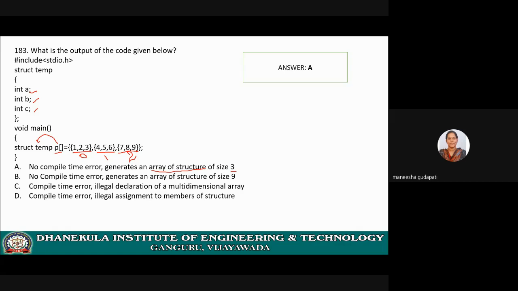They are asking not the memory size, but the array size. We are not creating 9 structures. We are creating just 3 structures, and each structure will have 3 members. Understood? Yes.